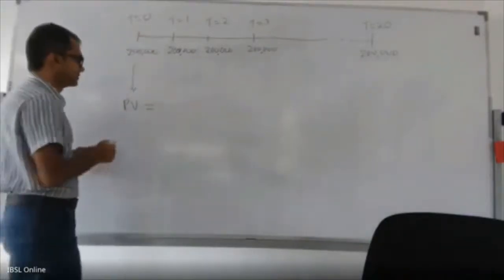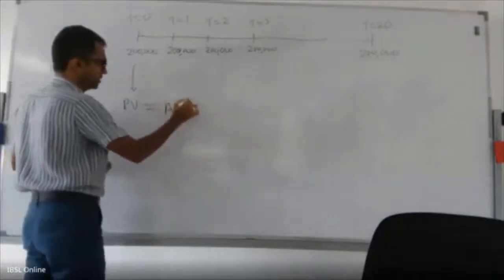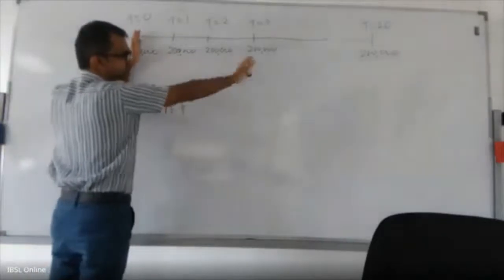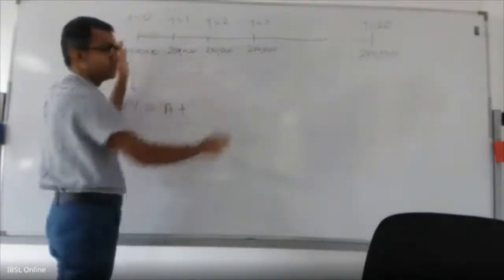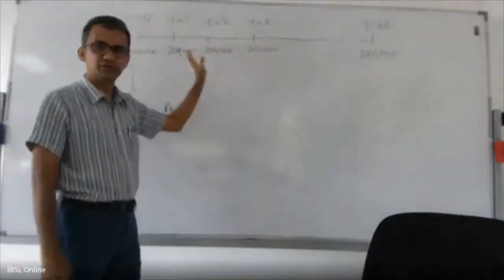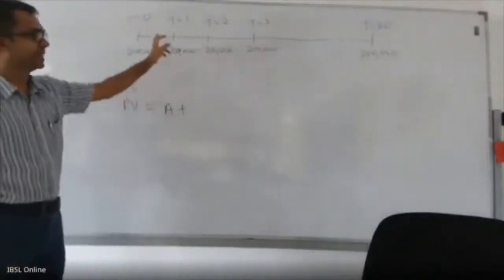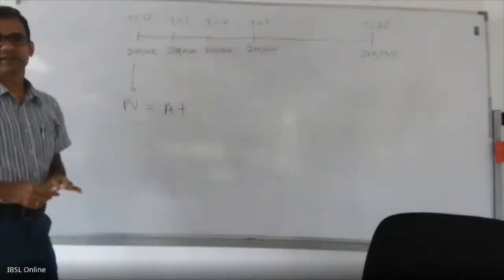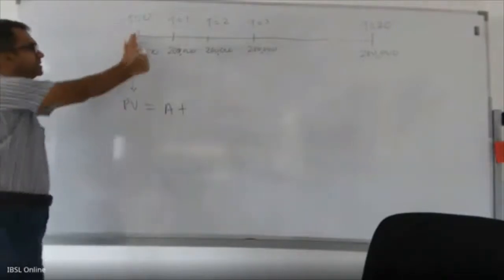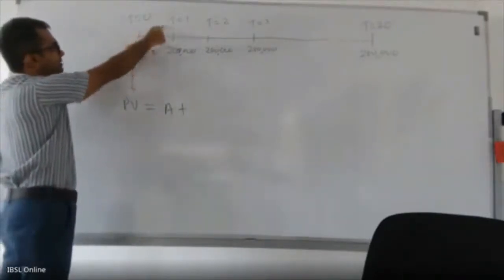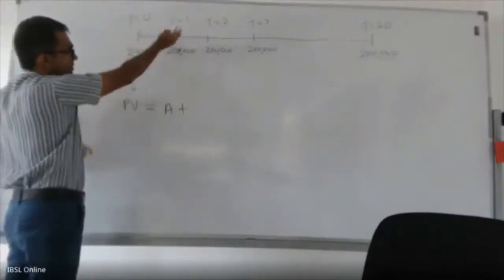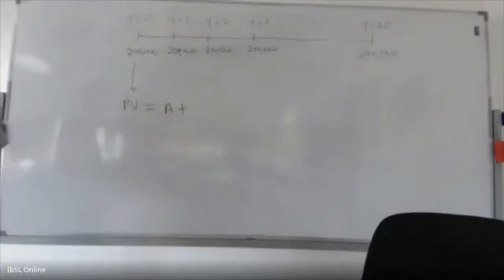It is the same as the payment. Then there are another 19 cash flows remaining into the future that we can consider as an ordinary annuity, because we receive this one at the end of the first year, that means beginning of the second year.